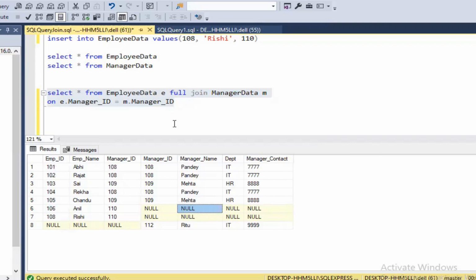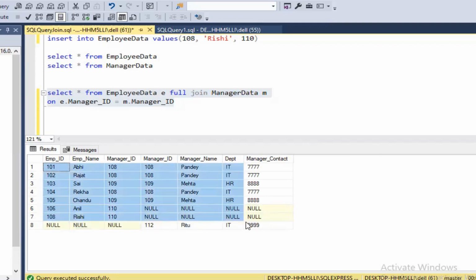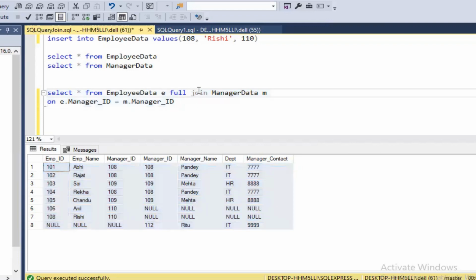But when you run a full outer join or full join, it gave me 8 records: 2 from the left, which don't have any related record in the other table, so null, null, null, and 1 from the right side, but the left side doesn't have any related record, so it was giving null, null, null. So if you want to see all the data we have, for that we use full join or full outer join.